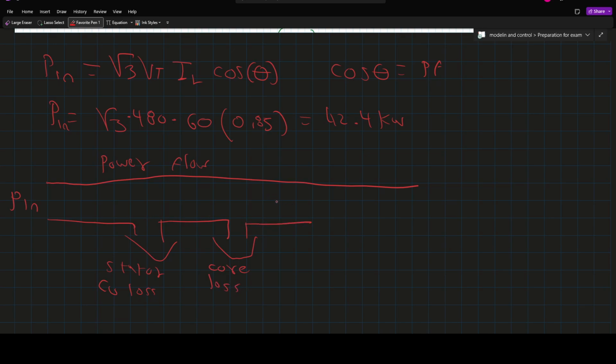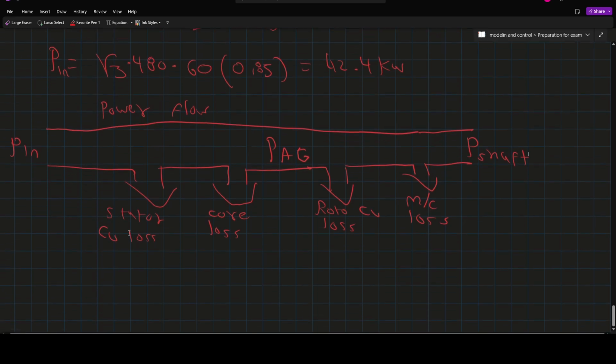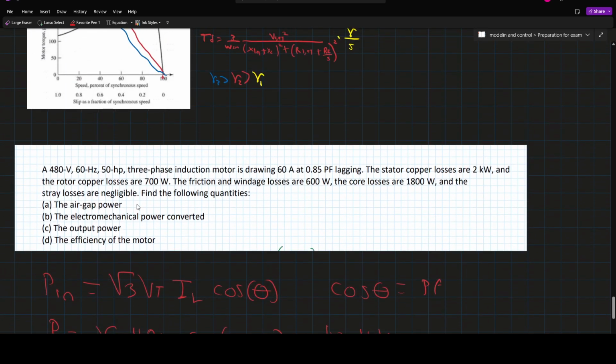So after we have these two losses, we get our air gap power, the power that is going into the rotor. Then we have the rotor copper loss, and then the mechanical losses, windage and friction, and finally whatever is left is the power that is going into the shaft. So we are gonna follow this flow to answer these questions.